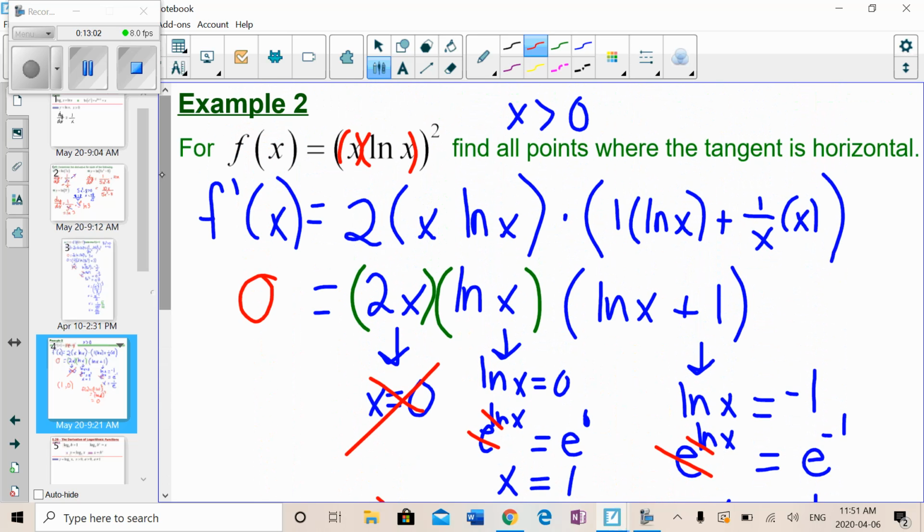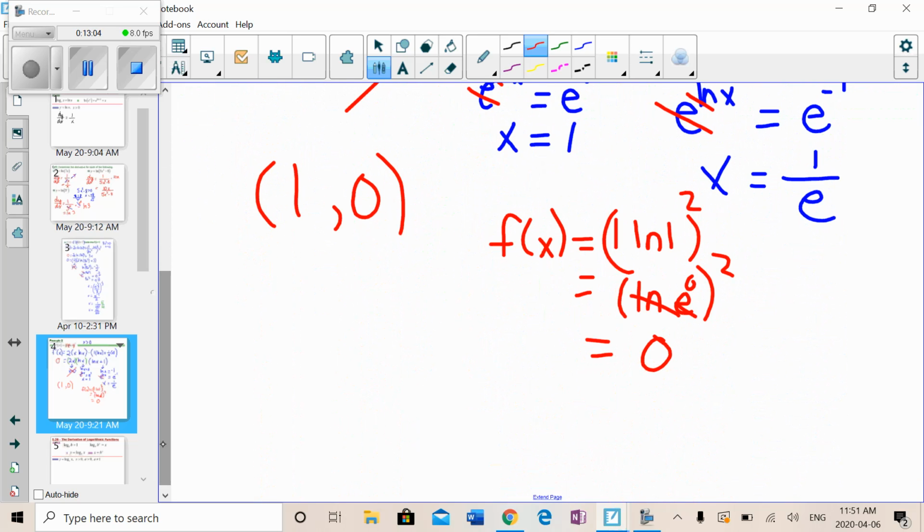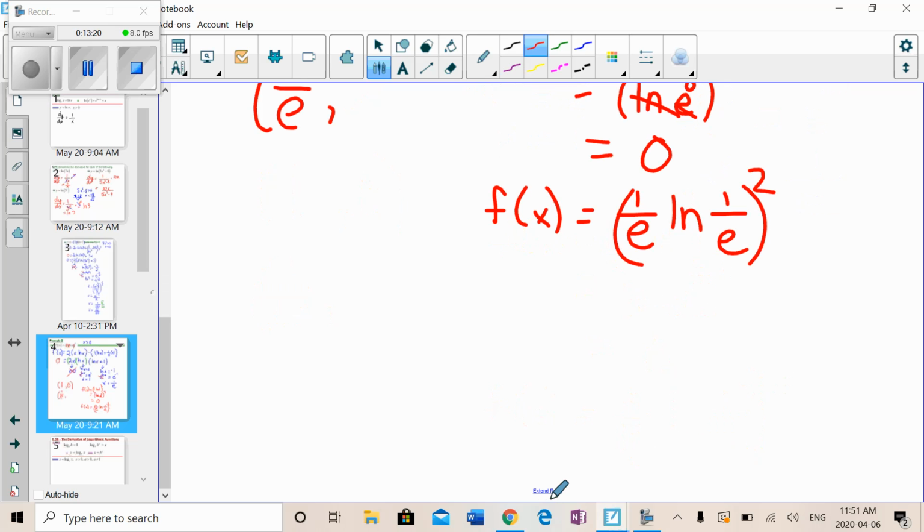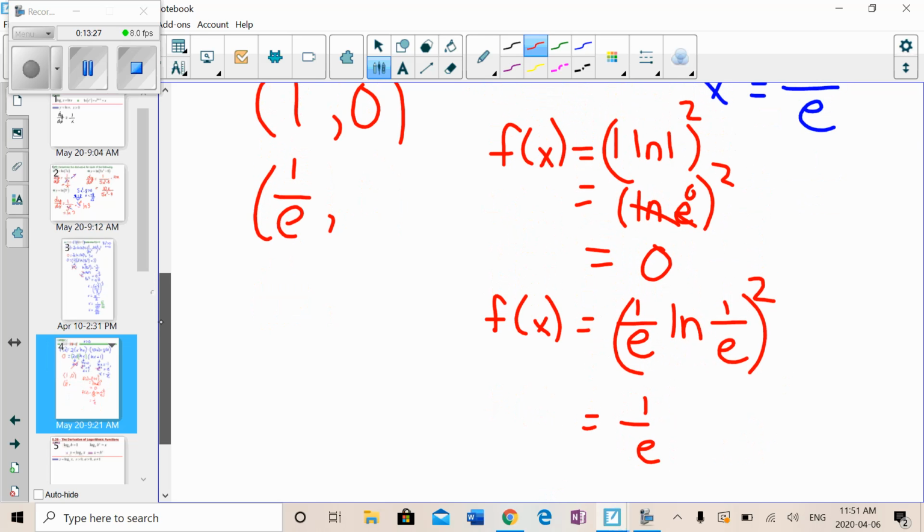And then the other thing is I also need to sub in a 1 over e. So 1 over e is the other point I need to find. So f at x is going to be 1 over e times ln 1 over e, all squared. And don't forget, this ln of 1 over e is really ln of e to the -1.